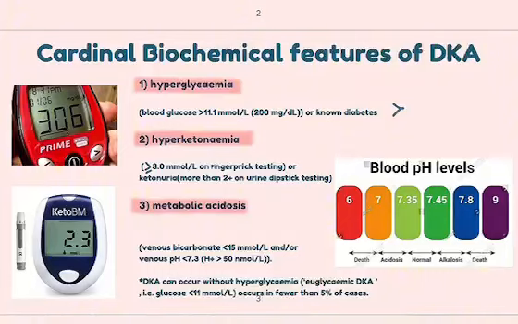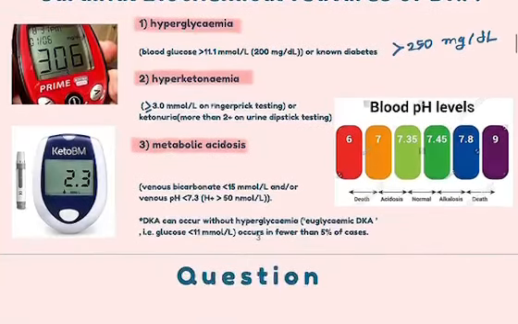But now we consider diabetic ketoacidosis when blood glucose level is more than 250 milligram per dl. And hyperketonemia is more than or equal to 3.0 millimole per liter on finger prick testing, and metabolic acidosis is when venous bicarb level is less than 15 millimole per liter and the venous pH is less than 7.3.